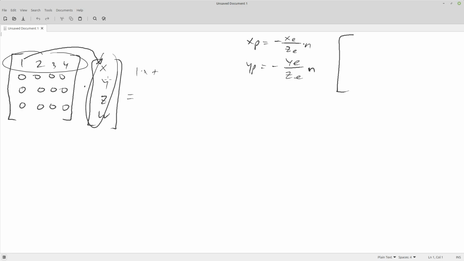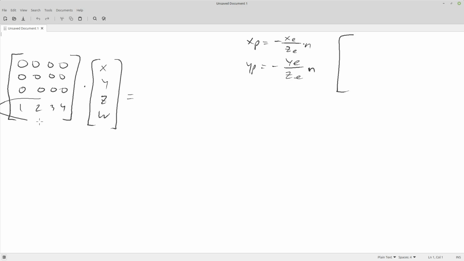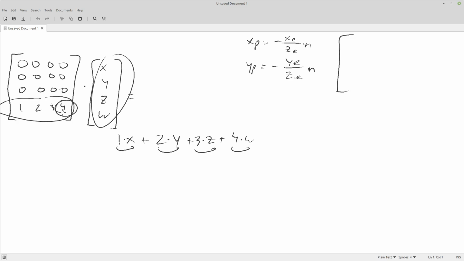So let's go back and do that whole process again for the final row. Go back to zeros. Let's see how this row affects our w over here. So again, let's say 1, 2, 3, 4. Multiplying this by this would be 1 times x plus 2 times y plus 3 times z plus 4 times w. So 1 affects the x, 2 is the y, 3 is the z, 4 is the w.